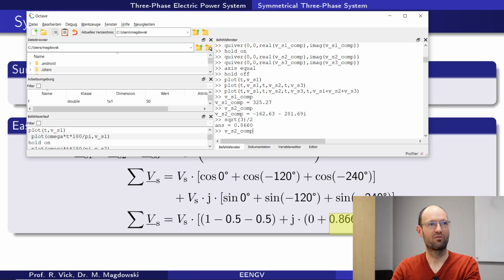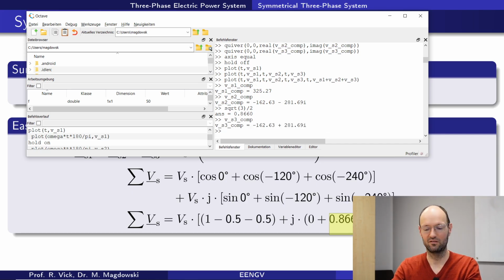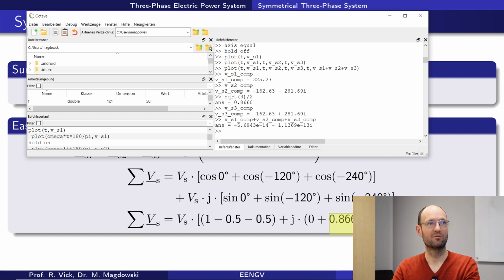And so for the third complex phasor, right, we have this. And so also if I take the sum here, so the first one complex plus the second one complex plus the third one complex, I should have used some copy and paste, but at least the tab is working.